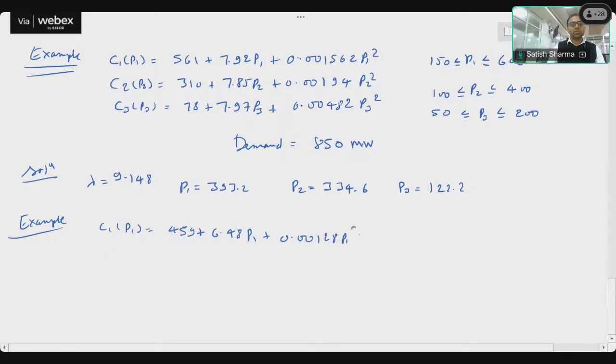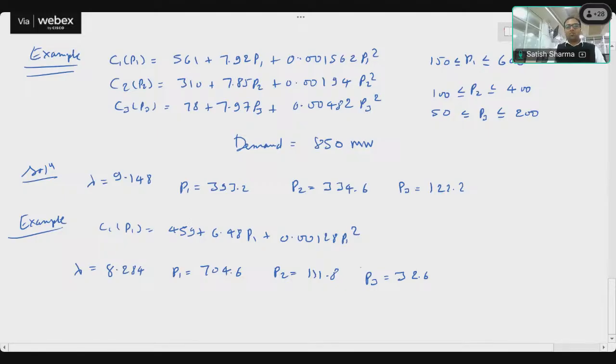If we assume this and the rest of the data is the same, the lambda will be 8.284, and P1 is 704.6, P2 is 111.8, and P3 is 32.6.